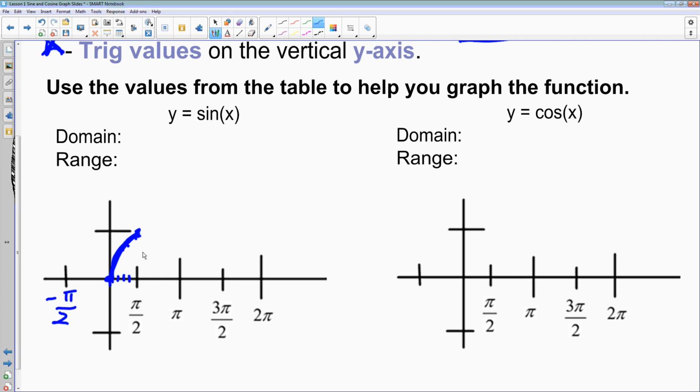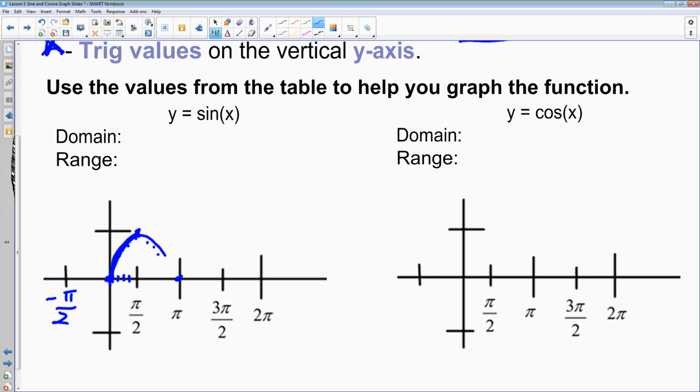And then if we had continued our table, sine of 2 pi over 3, well, that's still in the second quadrant, so it's still positive 0.866, and then 3 pi over 4, and 5 pi over 6, and then at pi, we're back down to 0.